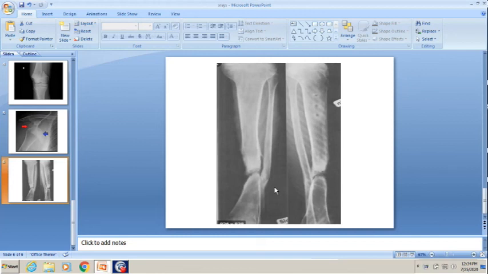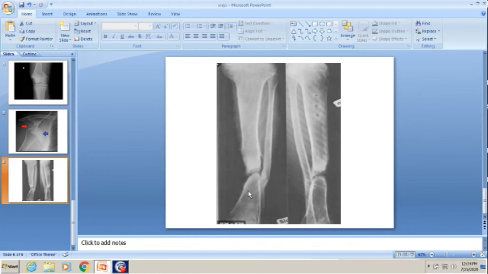Sir, there is narrowing in the fracture line. These ends, fracture ends, do they look sharp? Rounded edges of the bone.